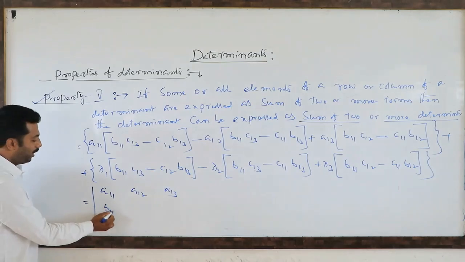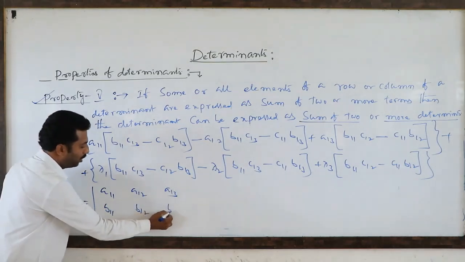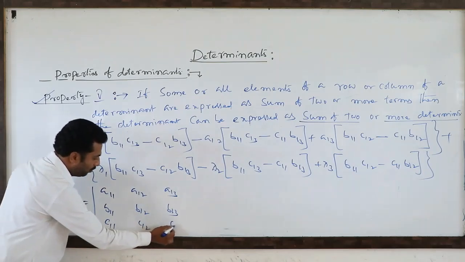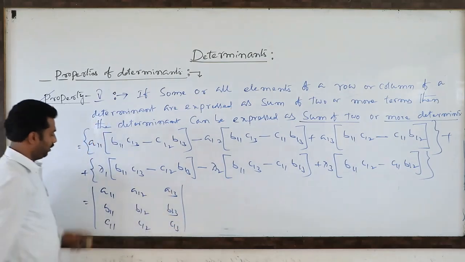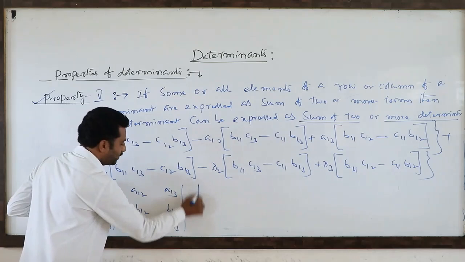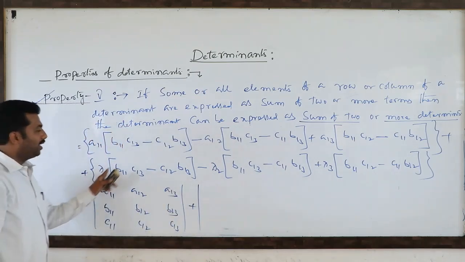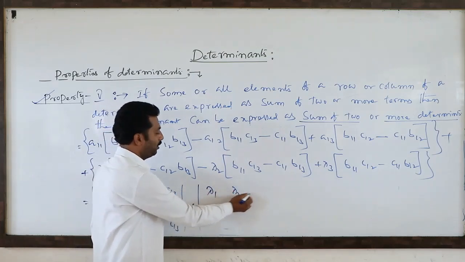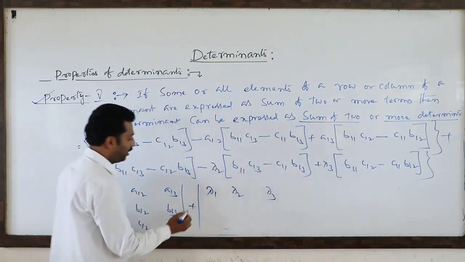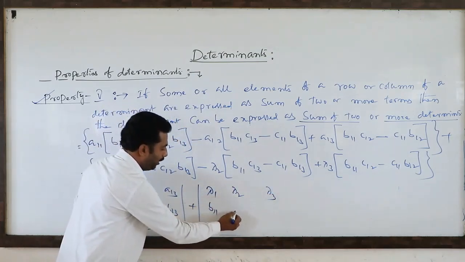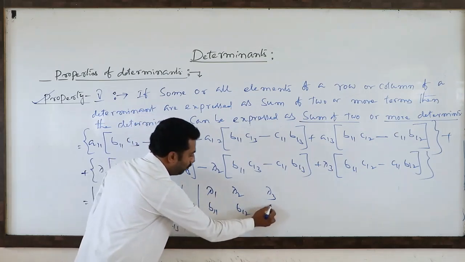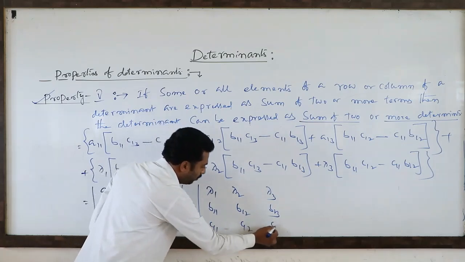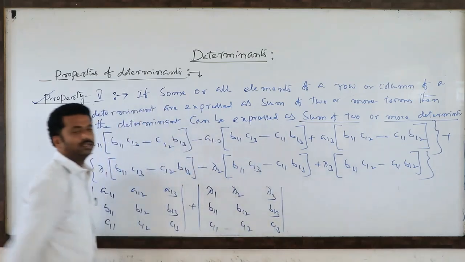Then B11, B12, B13, C11, C12, C13, plus. Second terms you observe, lambda 1, lambda 2, lambda 3. So what I have to write: lambda 1, lambda 2, lambda 3. Again B11, B12, B13, C11, C12, C13.